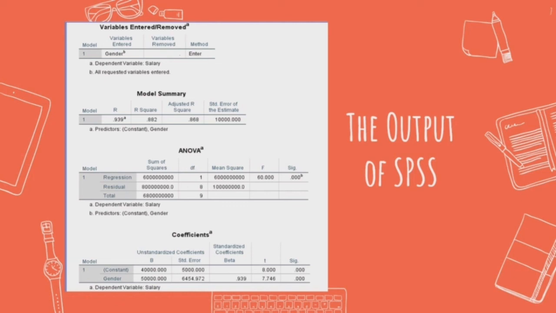The standardized coefficient's beta value is 0.939. The T value for constant is 8,000 and the T value for gender is 7.746. The SIG value remains the same, 0.000.